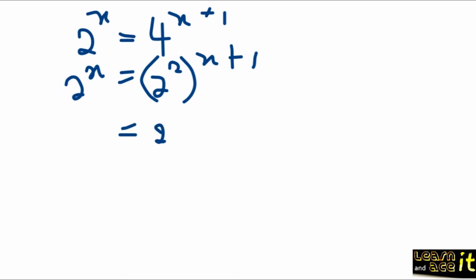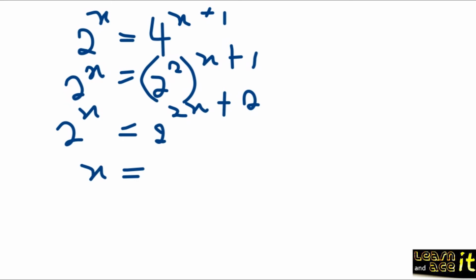So 2 to the power of 2 multiplied by x, that will be 2x, plus 2 multiplied by 1 there, that will give you 2. Alright, and then on the left hand side, I'm still going to drop 2^x. So now that the bases are the same on either side of the equation, I can go on to equate the exponents.